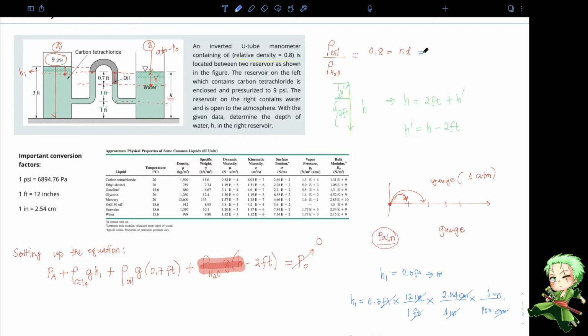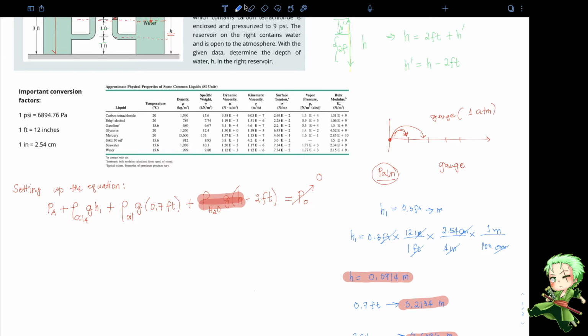From this, we have the density of oil equal to 0.8 of the density of water. I just did algebraic manipulation on the equation of relative density. This is important because the density of oil is needed in the equation, so you are going to substitute this value into this equation here.